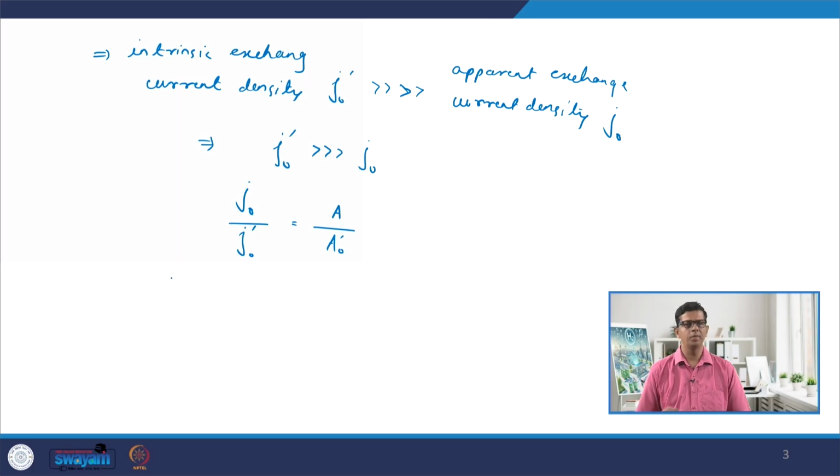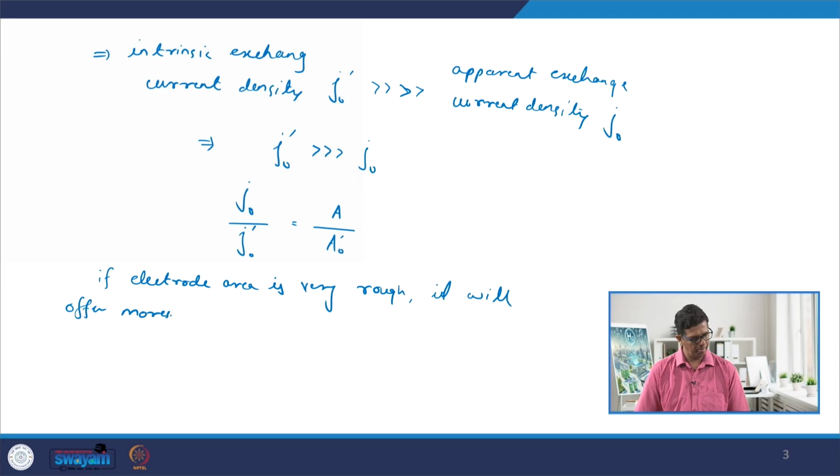If the electrode surface is very rough, it will offer more surface area for the reaction.